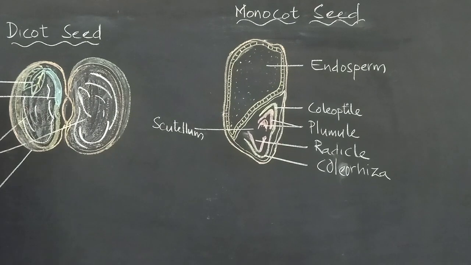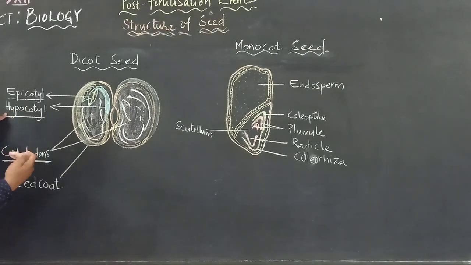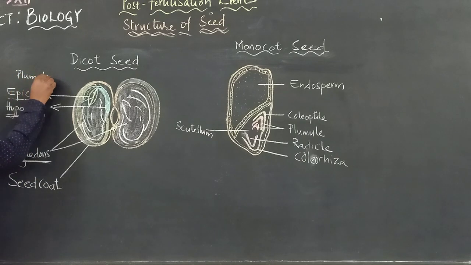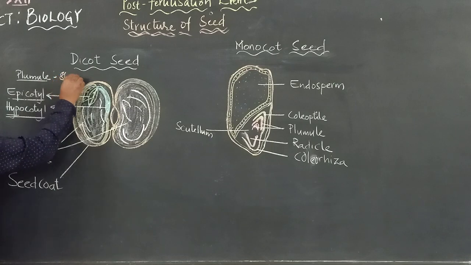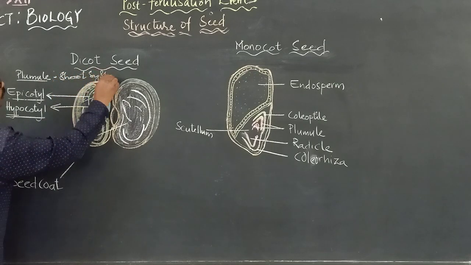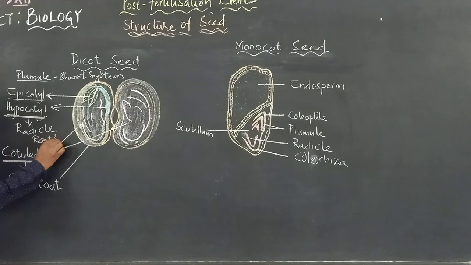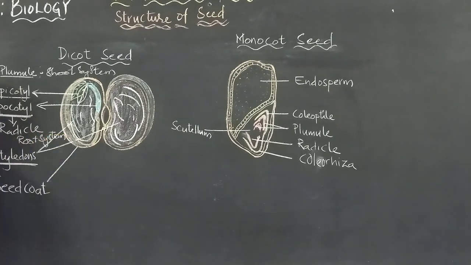And hypocotyl means below, hypo. It talks about the root system, the radicle. So epicotyl gives rise to the plumule, the shoot system, and hypocotyl gives rise to the radicle, the root system.